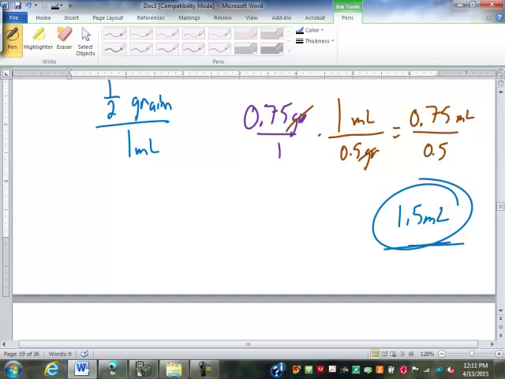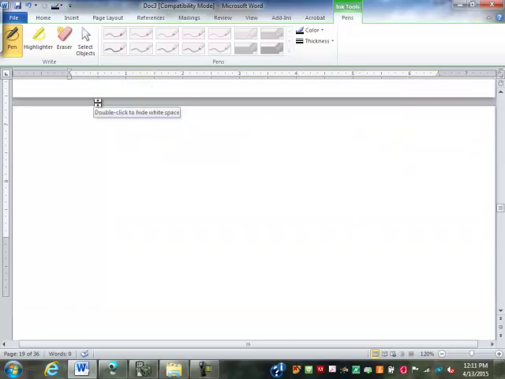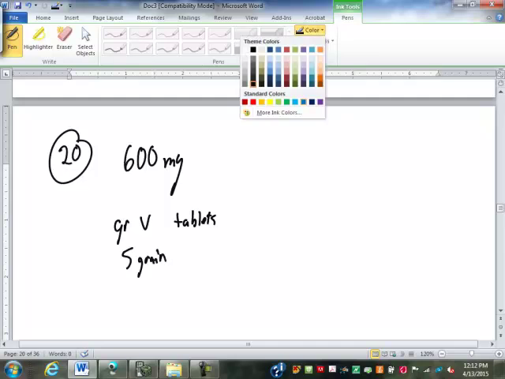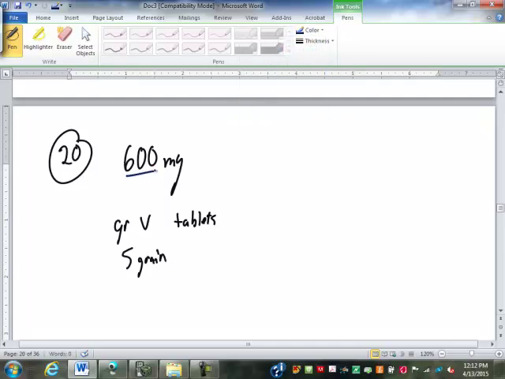Number 20. Order calls for Motrin, 600 milligrams. Supply is in 5 grain tablets. So we're going to have to convert milligrams into grains.